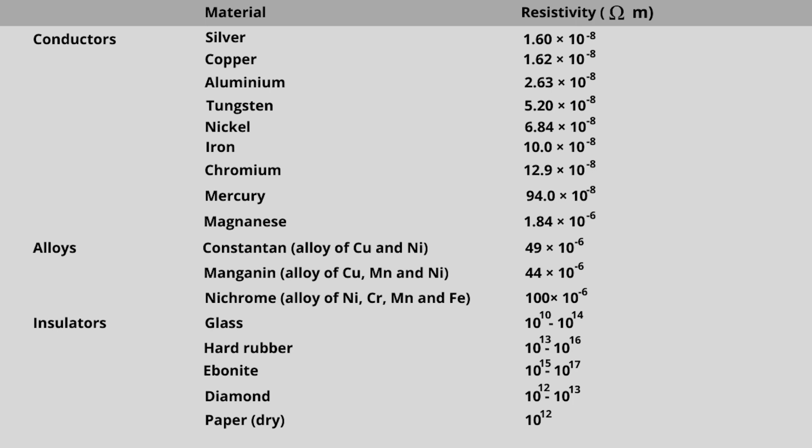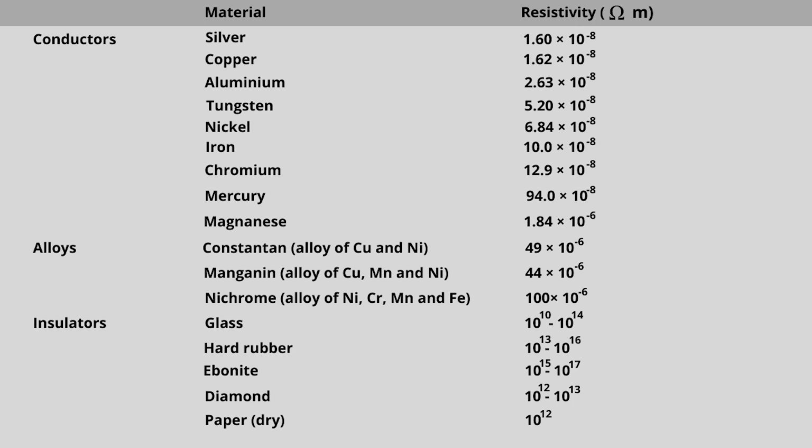Then comes manganin. It is an alloy, a combination of copper, manganese and nickel, and has a resistivity of 44 into 10 to the power minus 6 ohm meter. Then comes nichrome. Nichrome is a combination of nickel, chromium, manganese and iron, and has a resistivity of 100 into 10 to the power minus 6 ohm meter.